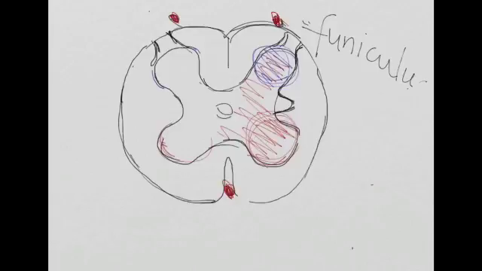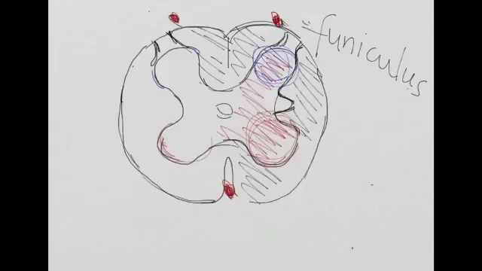Funiculus is like the cable car, so you can think about cables, and they are indeed full of axons which are bundled together into tracts, and due to the majority of being myelinated, they have the appearance of a white color. We have dorsal funiculus, lateral funiculus, and anterior funiculus.